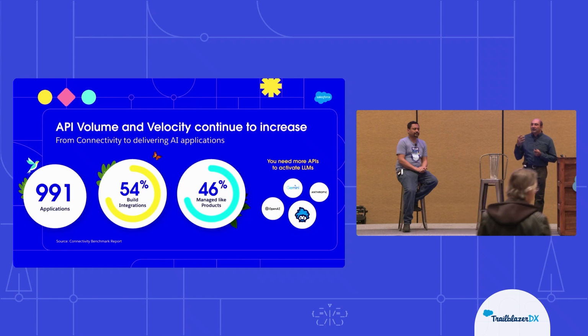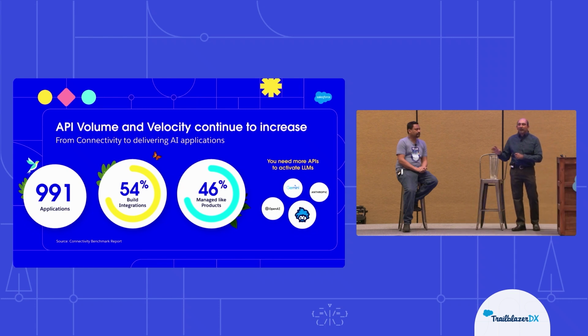Why? Because APIs are the common way to interface even with an AI application, right? So what is happening is, as API volume and velocity continue to increase, it's important to have a proper API strategy to deal with this increasing API landscape.